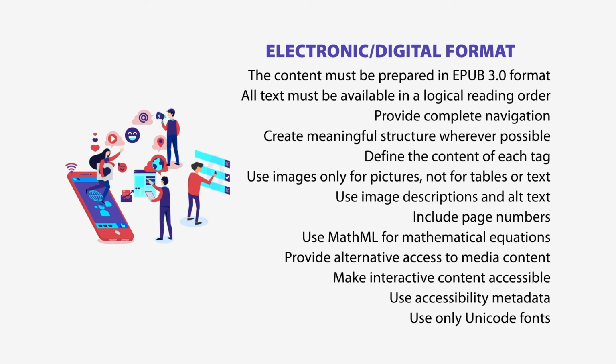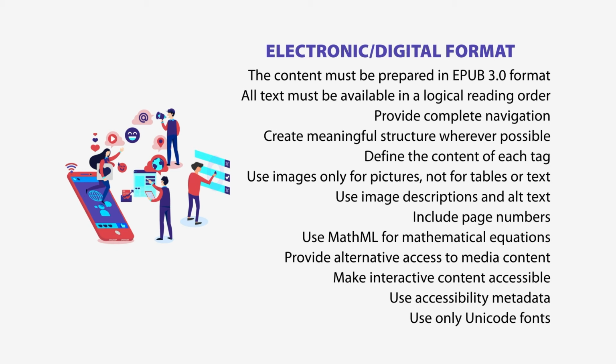All text must be available in a logical reading order. Then complete navigation facilities should also be provided. Then create meaningful structure where possible. Then the content of each tag should also be defined and explained.